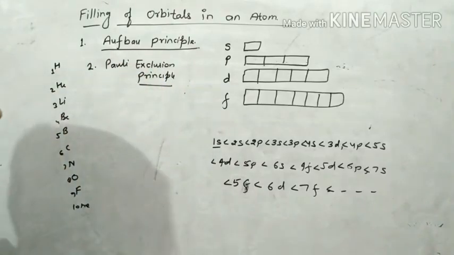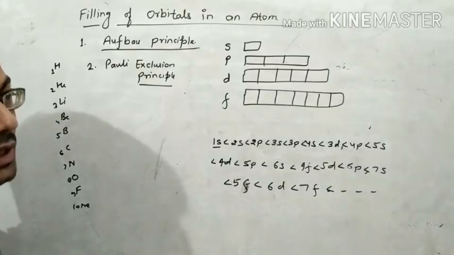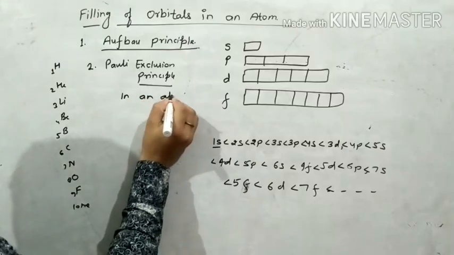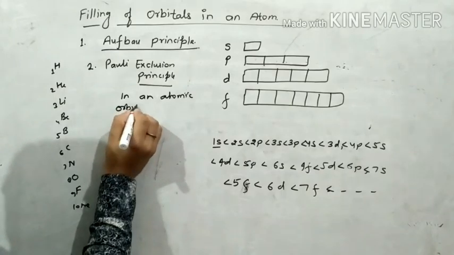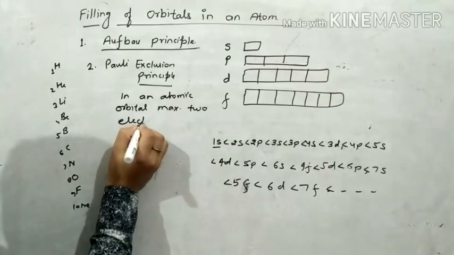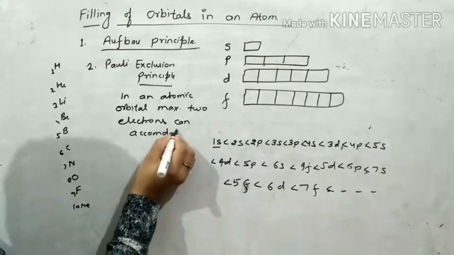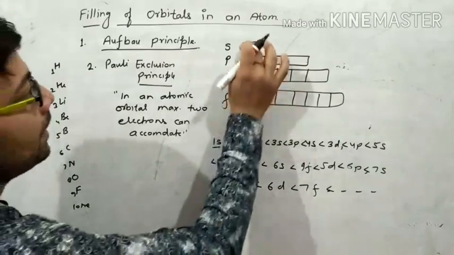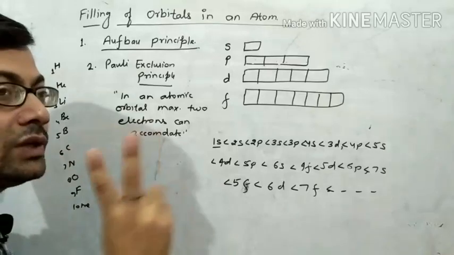According to Pauli, in an atomic orbital, a maximum of 2 electrons can be accommodated. This is called the Pauli exclusion principle. Means each atomic orbital accommodates only 2 electrons.